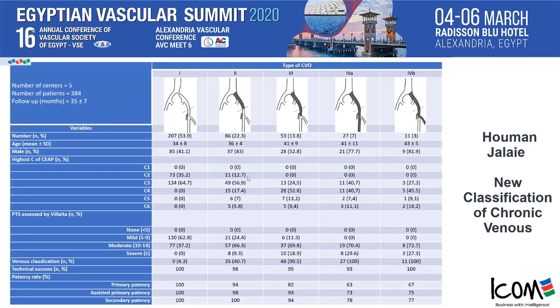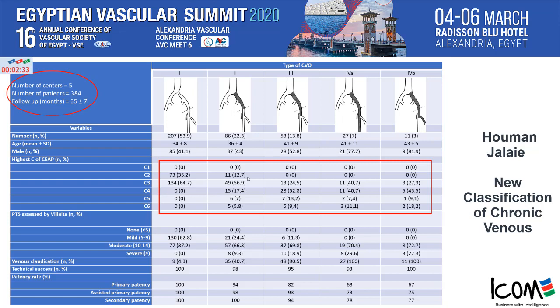These are the participating centers. And this is just a preliminary validation of one third of the patients we are receiving from these 14 or 15 centers. And just have a look on the CEAP classification. From group 1 to group 4A and 4B, you see the severity of the disease is getting bigger.